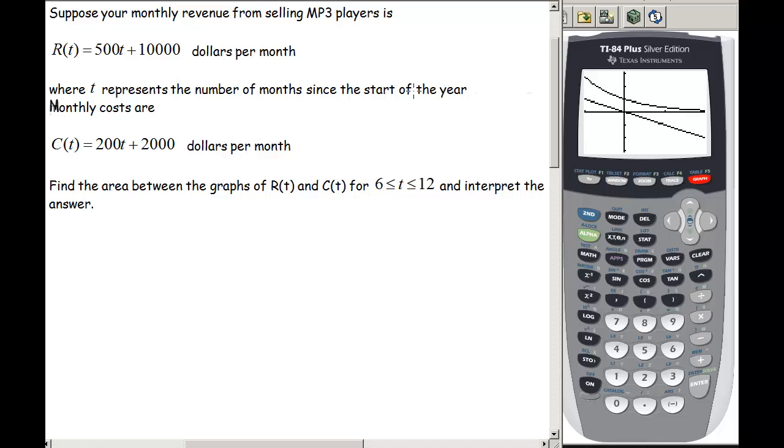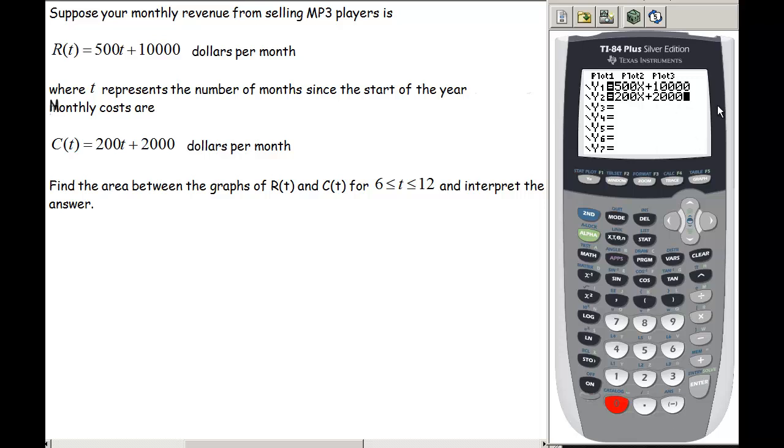So once again, just like usual, we're going to first graph our two functions. I've got my R of t in y1 and my C of t in y2. Our window, we want to go from 6 to 12. I'm going to go from 0 up to 12, and then we'll narrow in on 6 to 12.